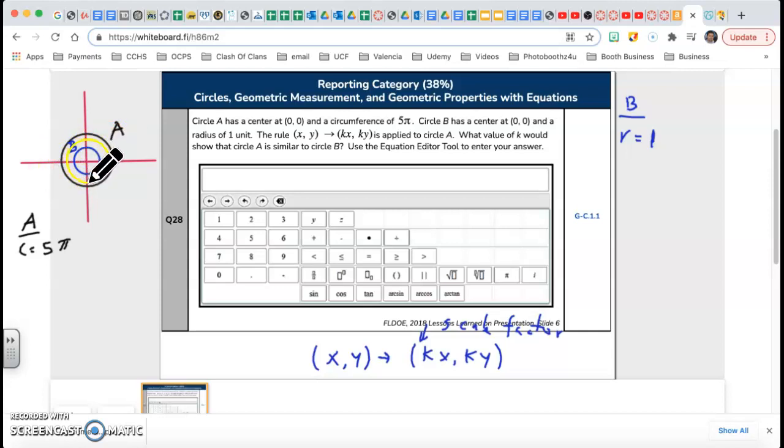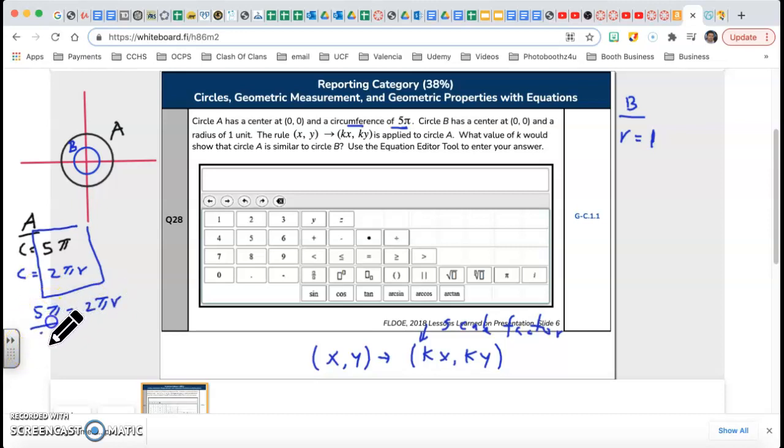They're saying it's starting at A. So I have the radius for B, therefore I have to find the radius for A. They told me that my circumference is 5 pi. But what's circumference? Circumference is 2 pi r. So I'm making these two equal to each other. 5 pi, which is my circumference, is equal to 2 pi r.